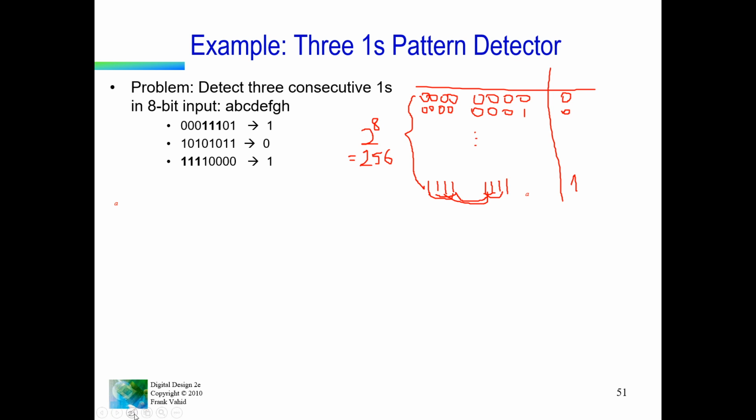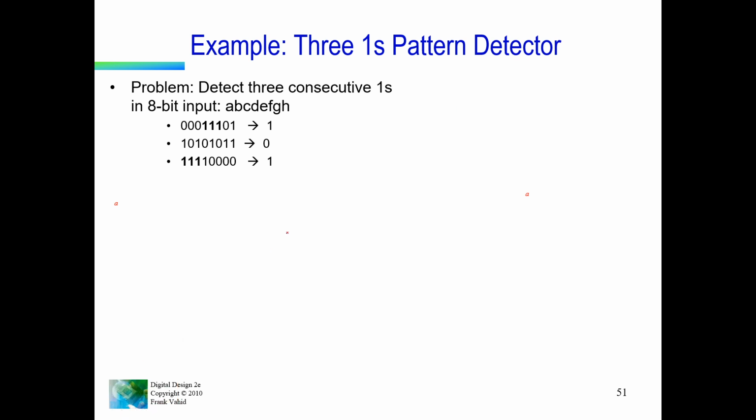Then how can I solve this problem? I can look at the desired function, and by looking at the input, I can design such a function directly using equations. So 3 consecutive ones means that either the first 3 bits will be 1, and I don't care about the other ones.